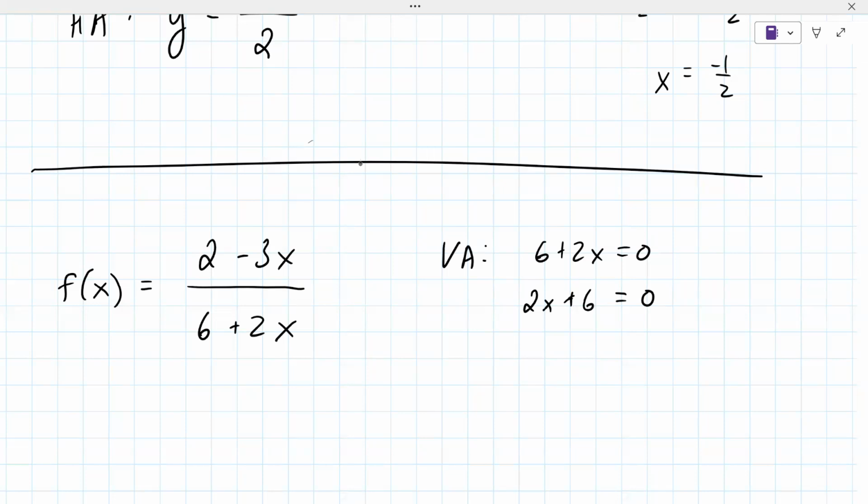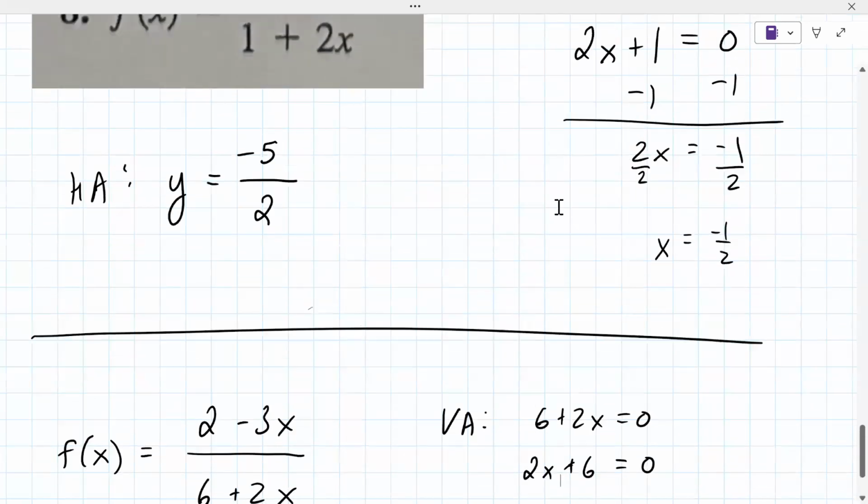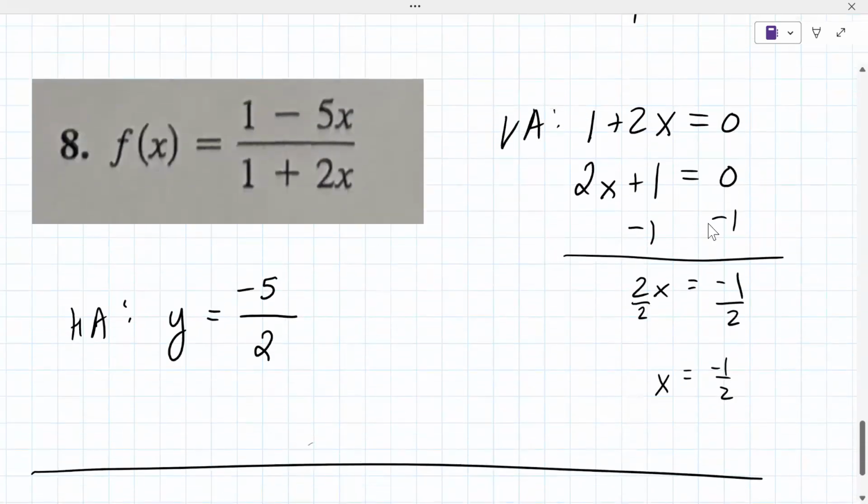Nope. -2 to 6. I think it's gonna be -2 and -2 to 6. Let's go back and look. What did we do in the previous problem? We subtracted 1 from both sides. Why didn't we just subtract 2? We can't because it's from the x.